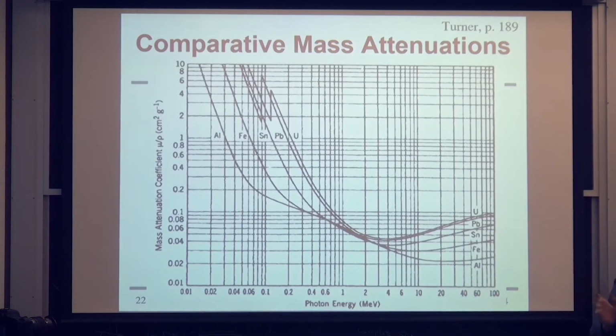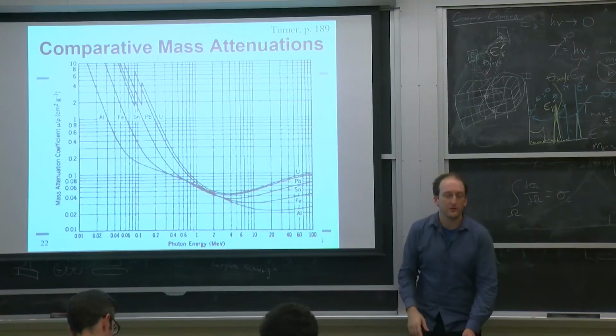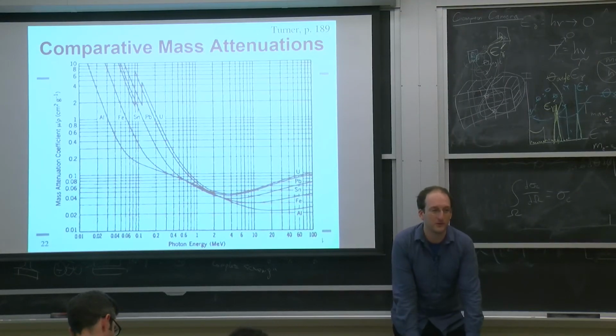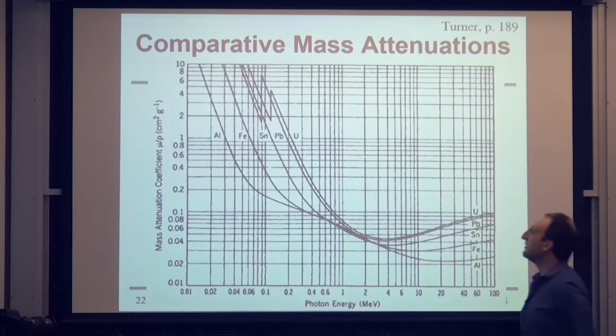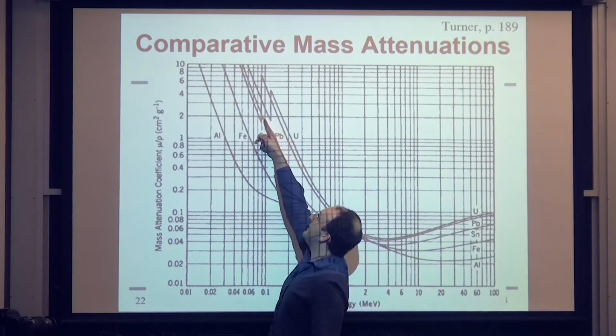Then to get the total amount of attenuation, you multiply by the density. Aluminum's pretty sparse. Lead and uranium are pretty dense. There's not too many ways around this problem. In fact, I wouldn't say that there's a way around this problem. The best thing you can do is look at the really only interesting features on these curves.